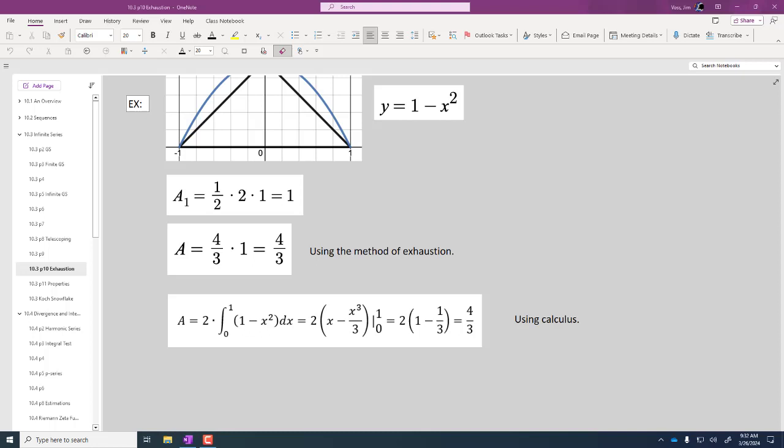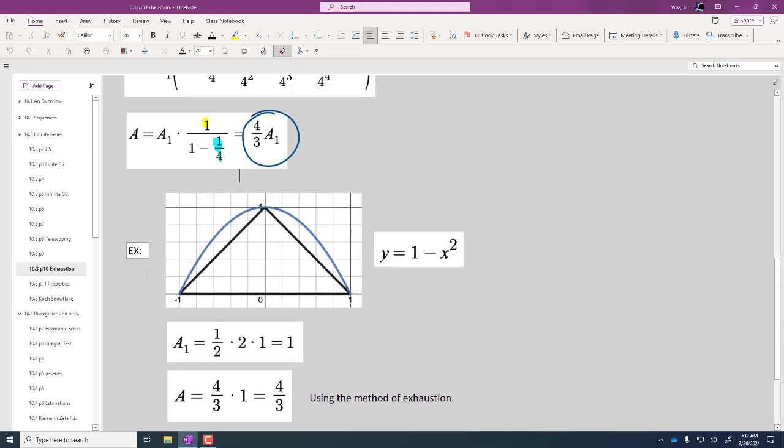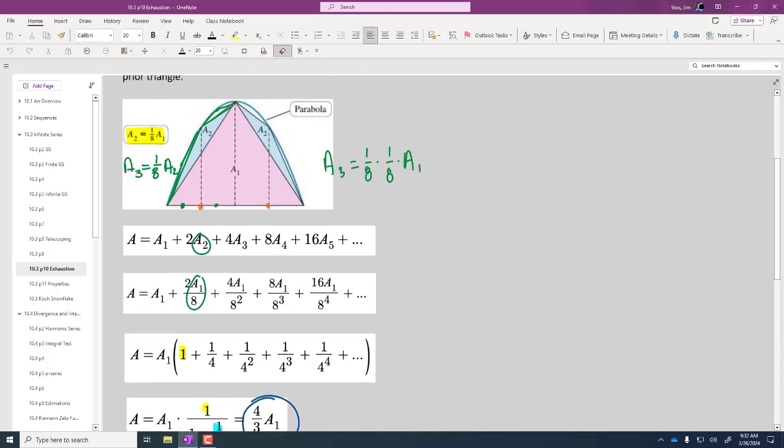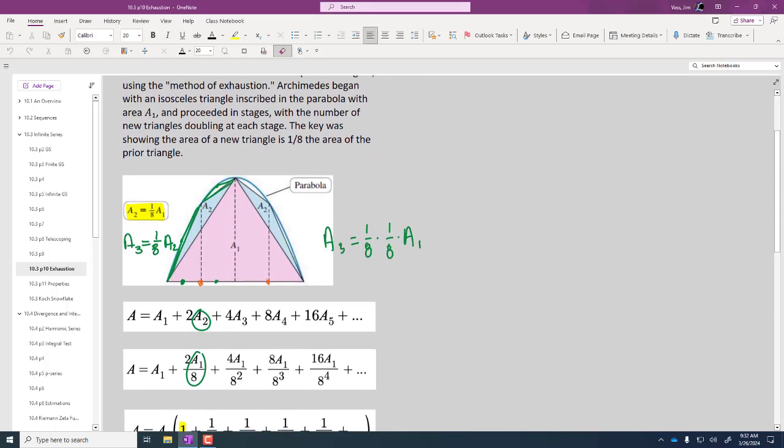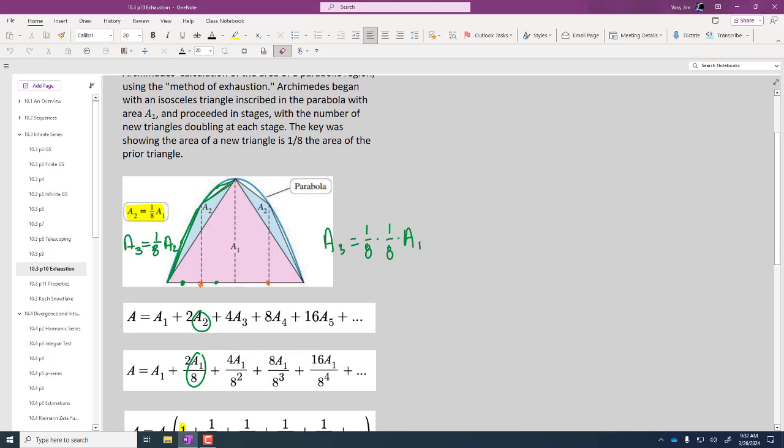All right, so let's go ahead and finish up 10.3. The last class, last Thursday, we had just showed that you are going to find in nature all sorts of these geometric series, progressions that you can use to, in this example, find the area of a parabola using this method of exhaustion.